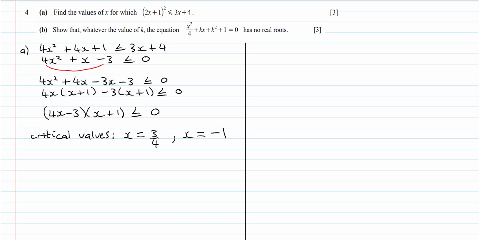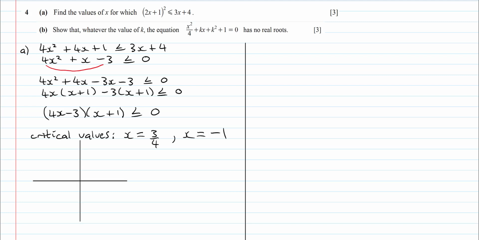So we know when that left-hand side of the inequality is equal to 0, and we also need to find when it is less than 0 as well. So to do that, we're going to make a sketch of the graph 4x squared plus x minus 3. I'll just bring up a set of axes.